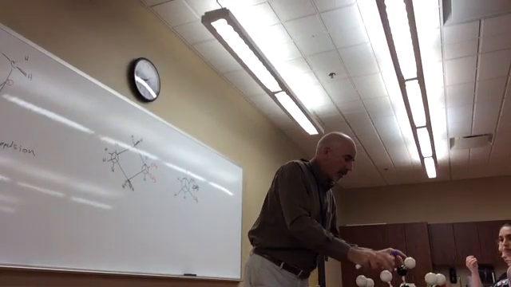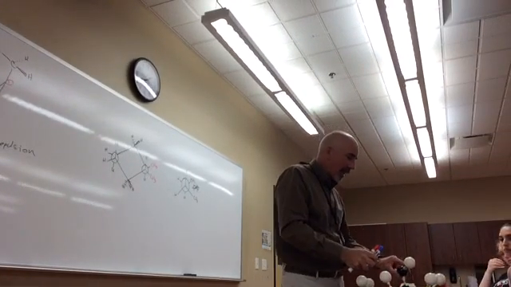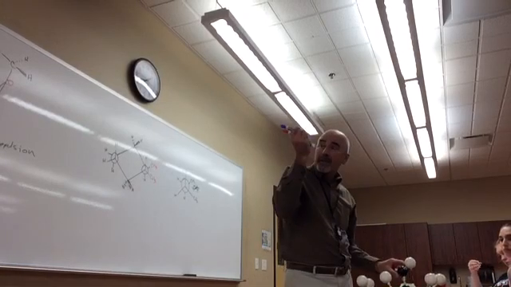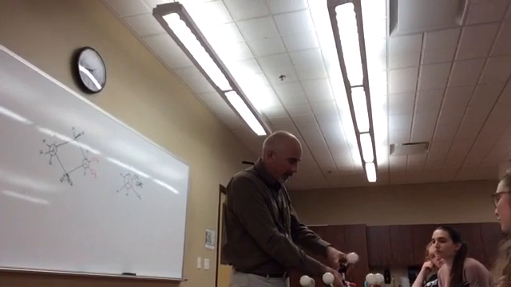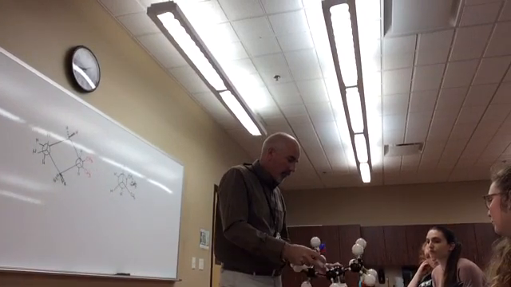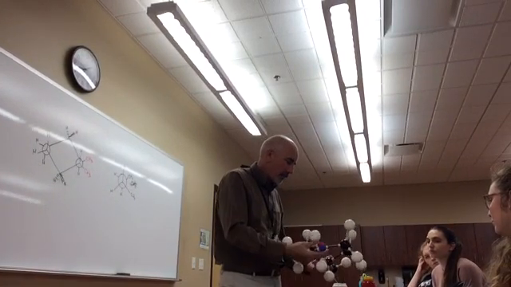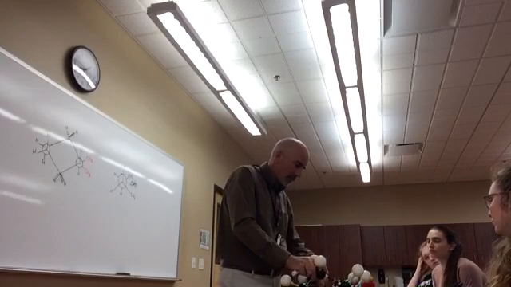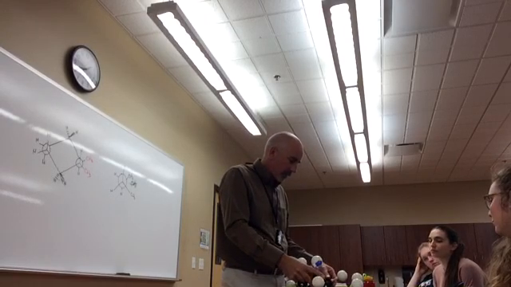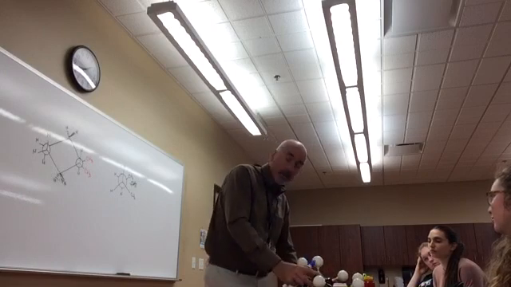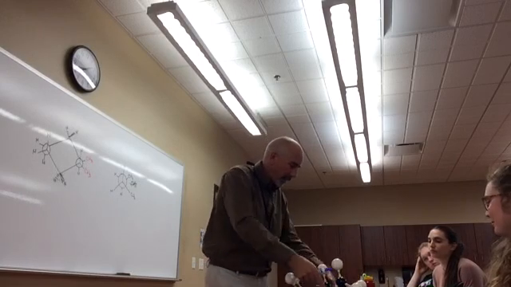My problem is this is axial, and I have it equatorial up there. So if I do that, then I got to flip this over. Flip the ring upside down. There we go.